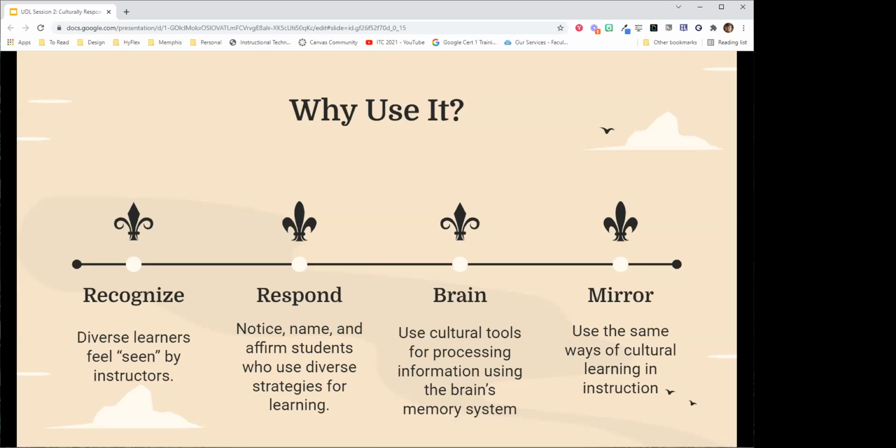Those things are necessary because that helps that bond of trust take shape. So, the brain using cultural tools for processing information, using the brain's memory system. When we're thinking about students who come from those oral cultural traditions, this means that they're very used to speaking and receiving information orally, by hearing it.